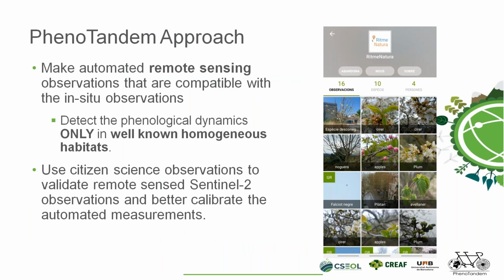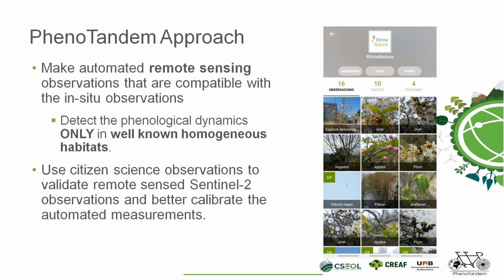So the whole idea is to demonstrate that remote sensing observations could be made automatically compatible with in situ observations only in patches where there is some homogeneity. There are many of them because Sentinel pixels are relatively small, so you don't need huge extensions with homogeneous species.